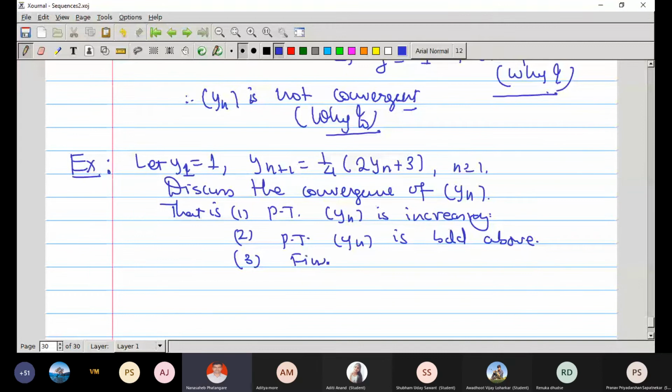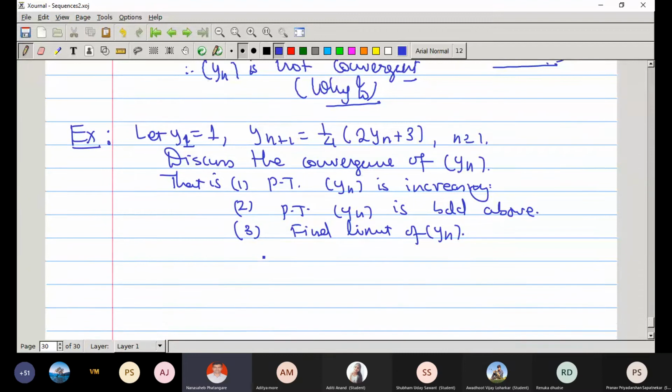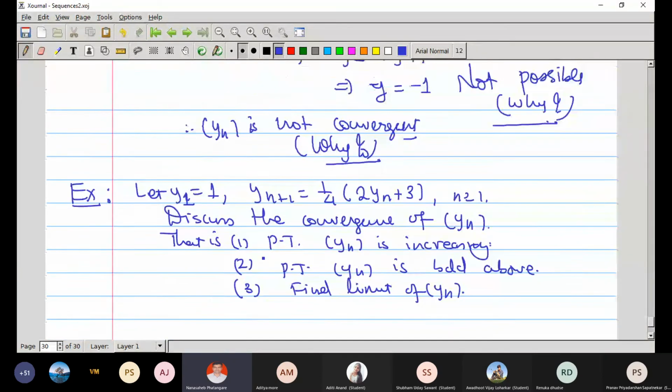Then find the limit of yn. Right. So the procedure is clear. Procedure is clear. Right. So there should not be confusion in the process, and you can work out the calculations in a similar manner.